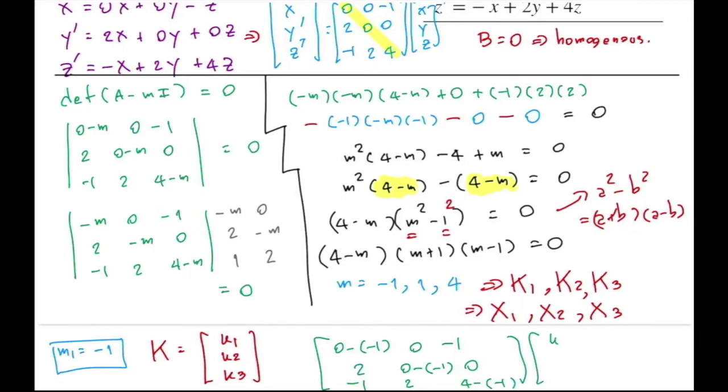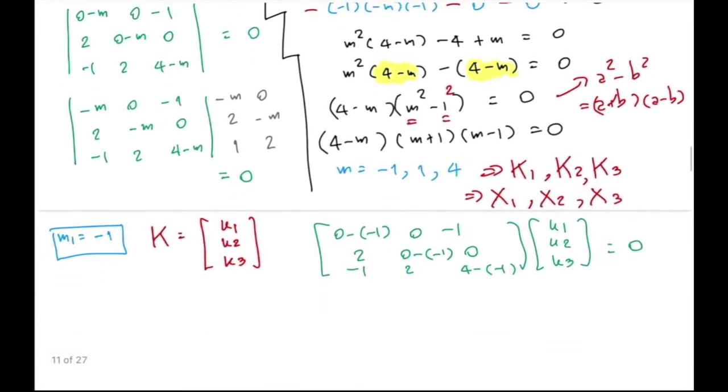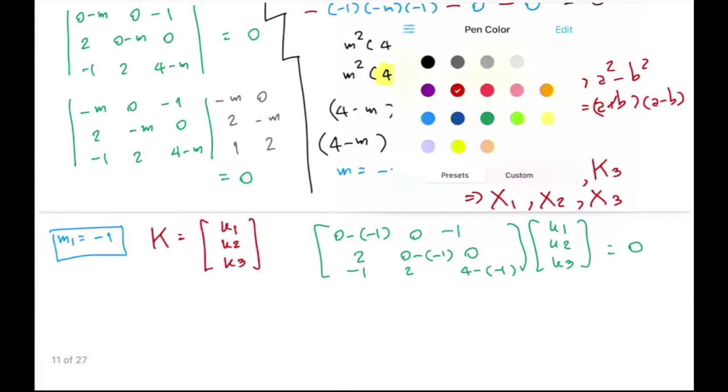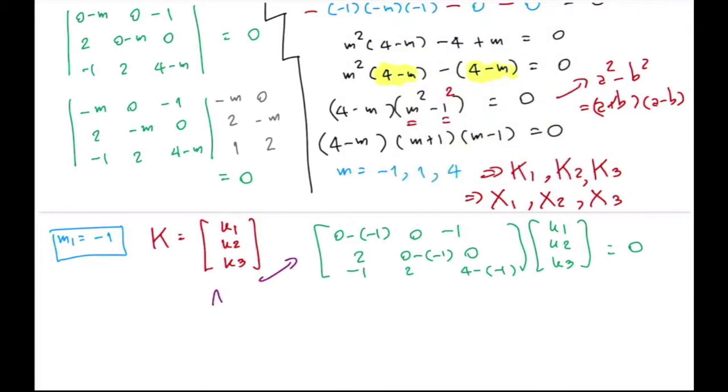And then we have K1, K2, K3 equals 0. This is from A minus M1 I times K1 equals 0.